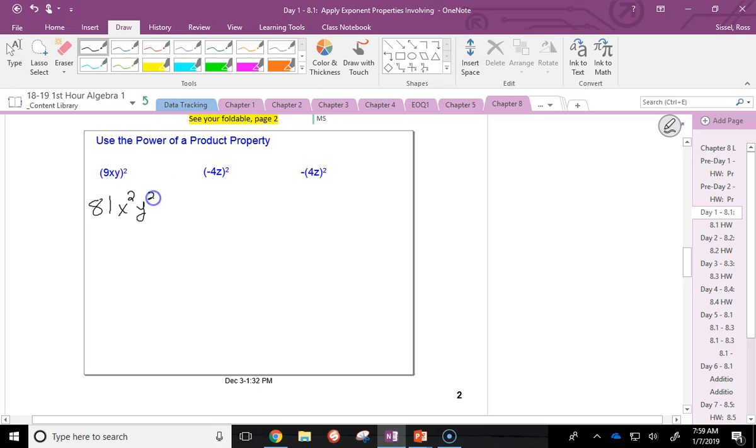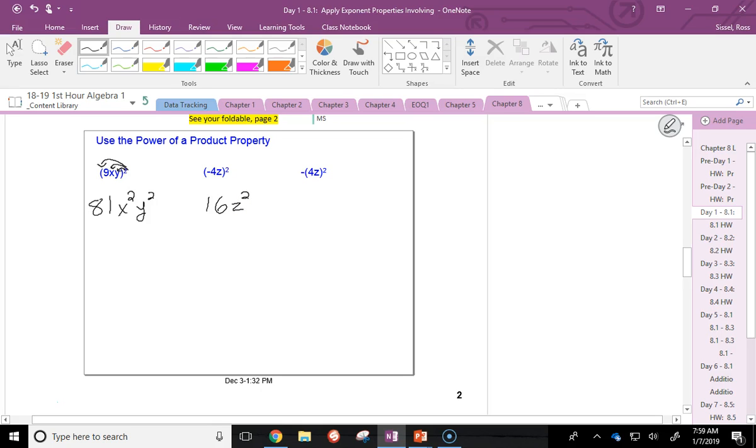Very good. So you would have squared every single thing. 9 squared is 81, x squared, and then y squared. Negative 4z squared. Heckman, what'd you get? 16z squared. Good.